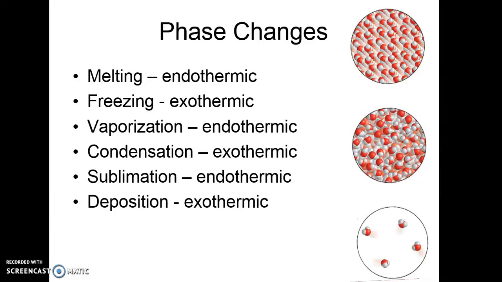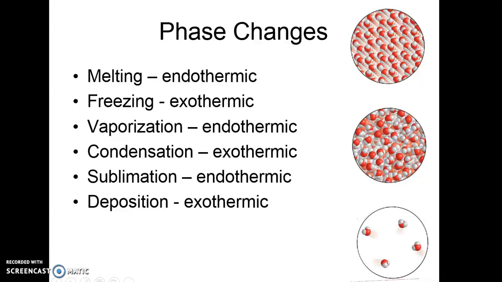In phase changes, you're just having a change in the speed of the molecules, and there are names for the different phase changes. Here is a solid, a liquid, and a gas. In melting, you're probably really familiar with this, a solid changes to a liquid because the molecules are speeding up.